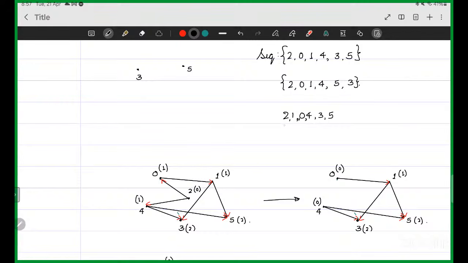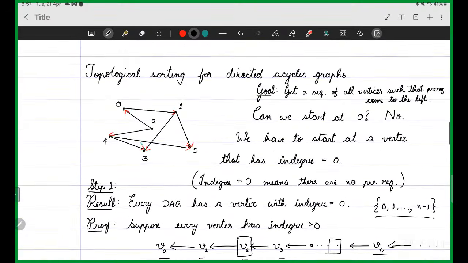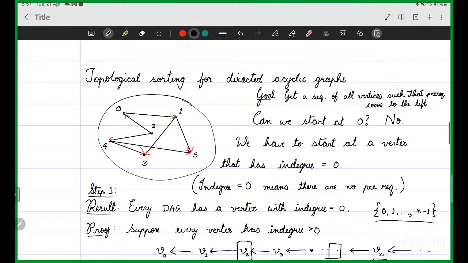Yes. So in this case, whatever option, suppose the question is, this is the graph that is given to you. Where is my starting graph? This is the starting graph given to you. Select all possible sequences which are topologically sorted sequences corresponding to this directed acyclic graph.